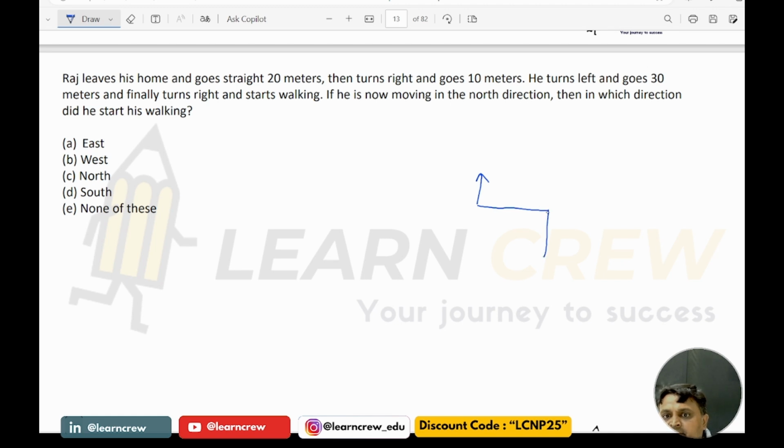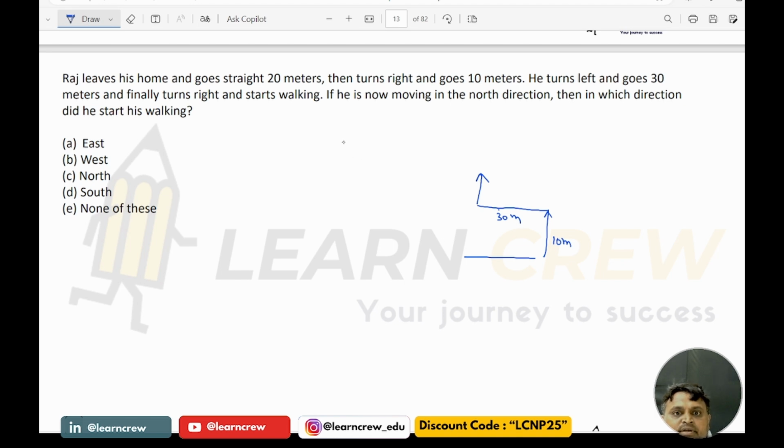He turns left and goes 30 meters. Before that he walks 10 meters and reaches here, then he turns right.